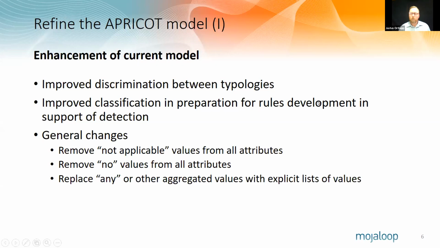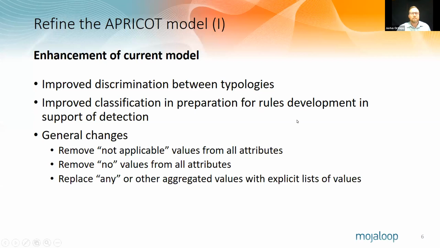In particular, we wanted to move away from a relational database format and rather take up all of that white space that you would typically find in a relational database for not applicable or no values, and move into a graph database format, which would make it a lot easier to map to specific typologies as if they were fingerprints in a system.